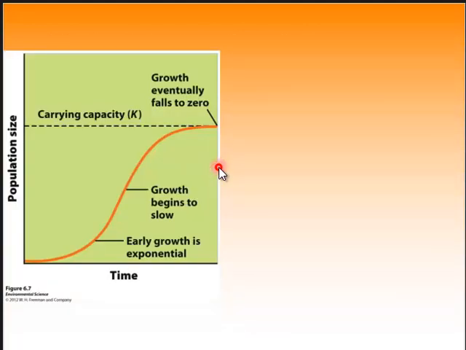So exponential growth describes a continuous fixed rate, but populations don't really do this forever. For this reason, ecologists have modified this model to incorporate the environmental limits, and that's why we have this logistic growth model.